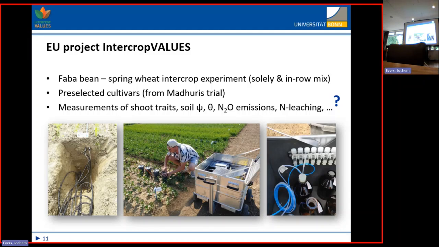You're the expert. For her experiment, wheat and faba bean. I think wheat gets the higher emissions, because it's fertilized, maybe.